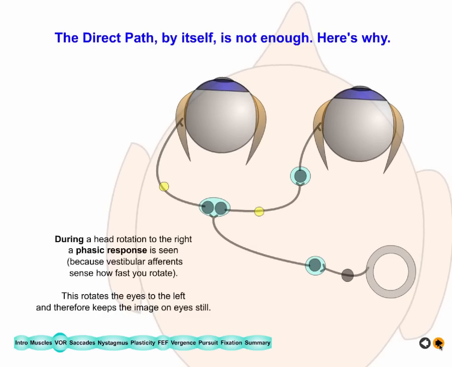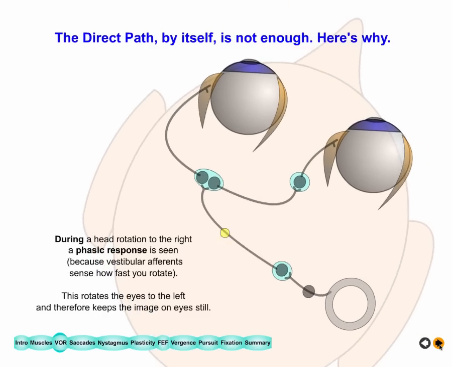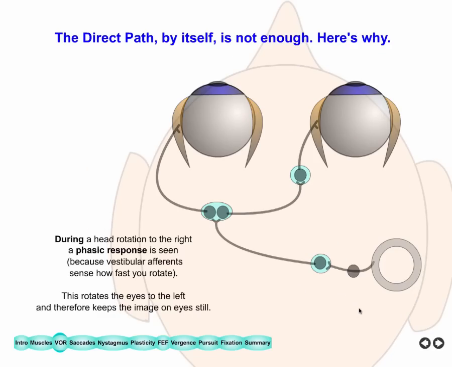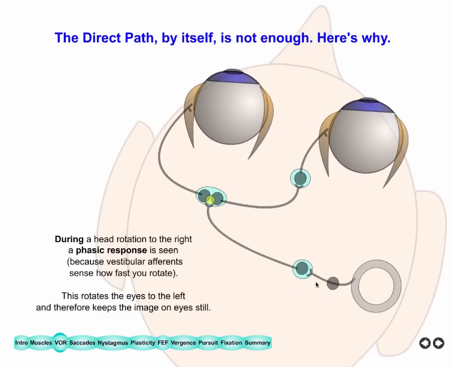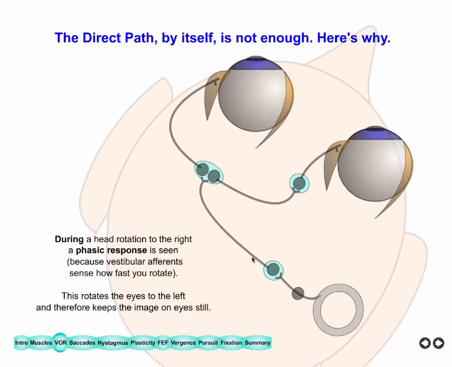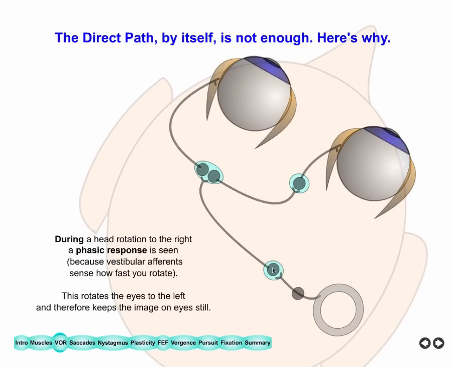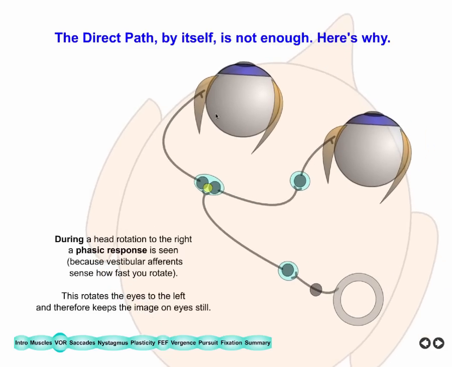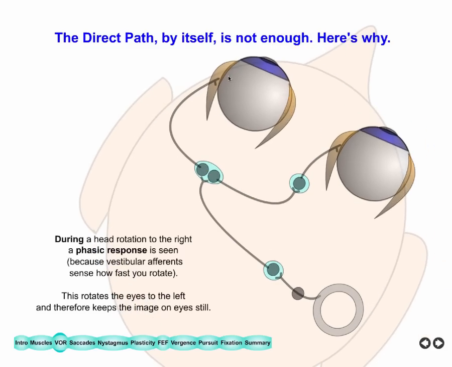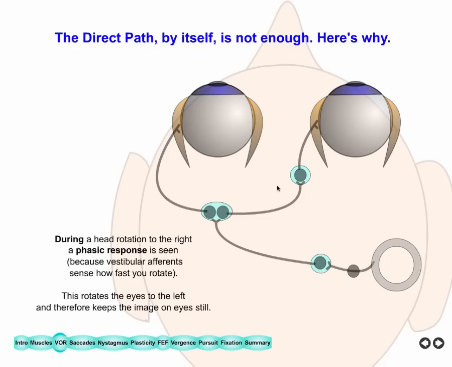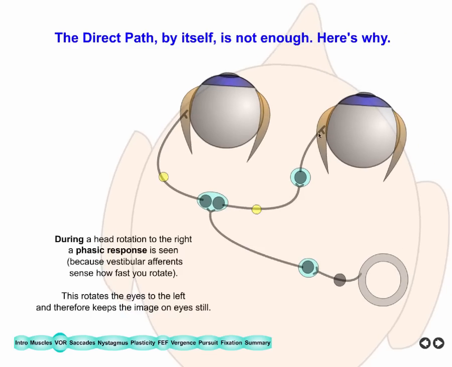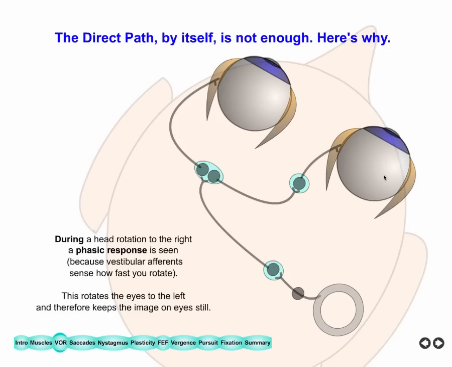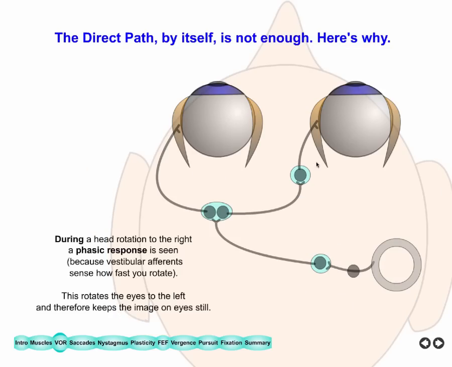And so you can see here during the turn that the head turns towards the right, and that activates this canal, and that activates this vestibular nucleus. That activates these neurons here. This is the motor neuron to this muscle, and this activates the motor neuron to this muscle. And both muscles then contract, and the eye turns towards the left.